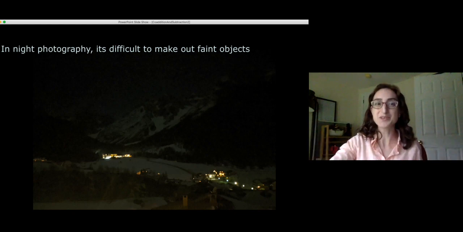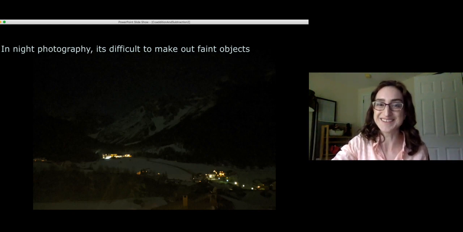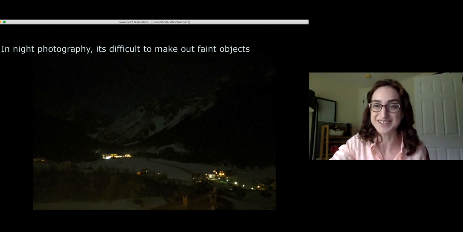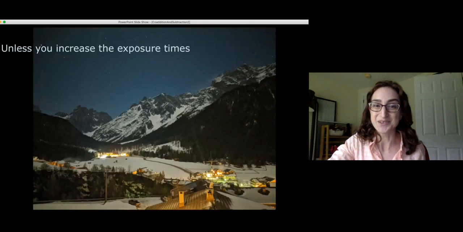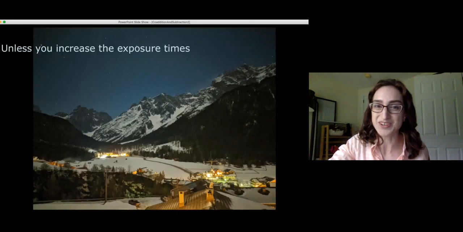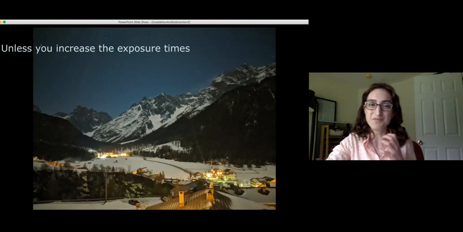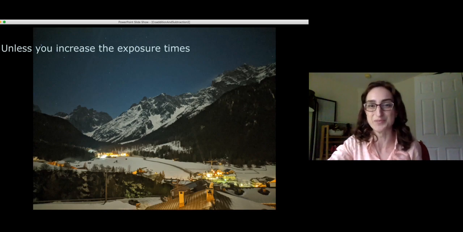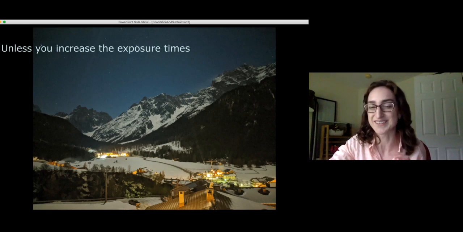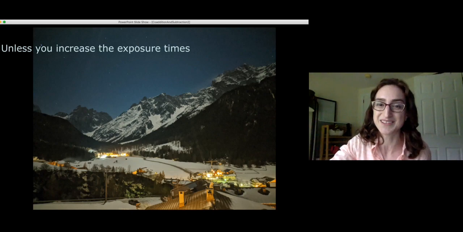Those of you who are familiar with photography know that taking images at night, it's tough because it's very difficult to make out faint objects. So we increase the exposure times to get more photons hitting our film or more photons hitting the detectors of our digital cameras.